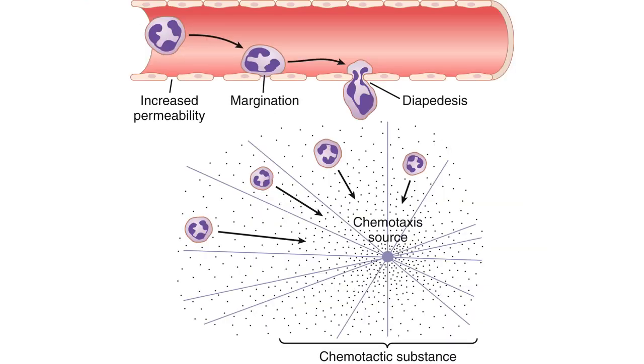This is how white blood cells exit the blood. So first, there will be signals released by the injured tissue or the pathogen. And these chemical substances or chemokines would increase in concentration as long as the pathogen is there.